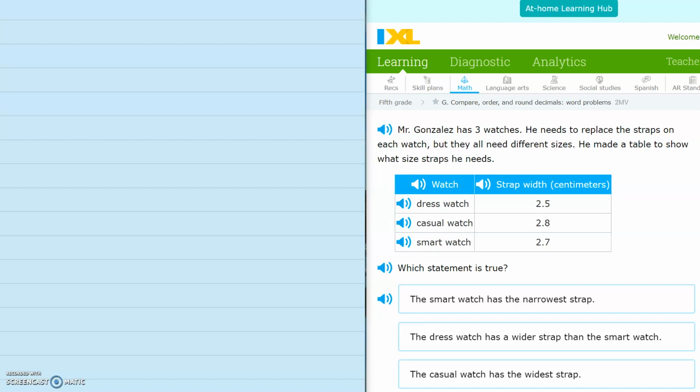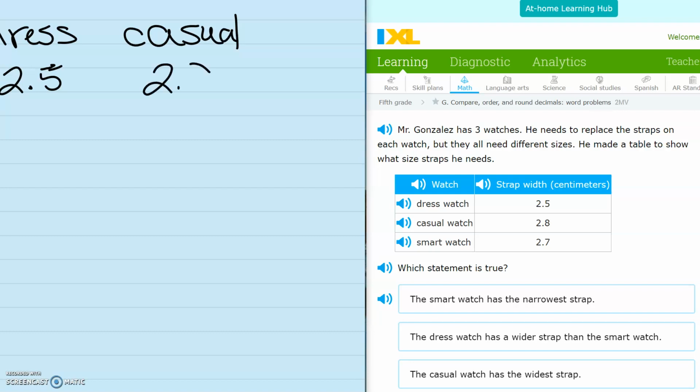So the dress watch has a strap that is 2 5/10. And the casual watch has a strap that is 2 8/10.